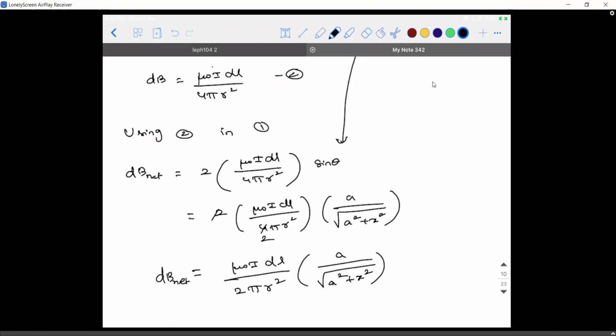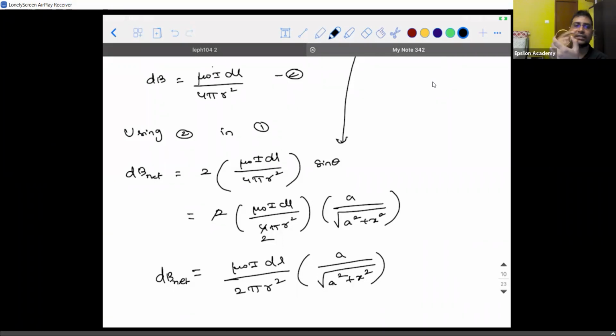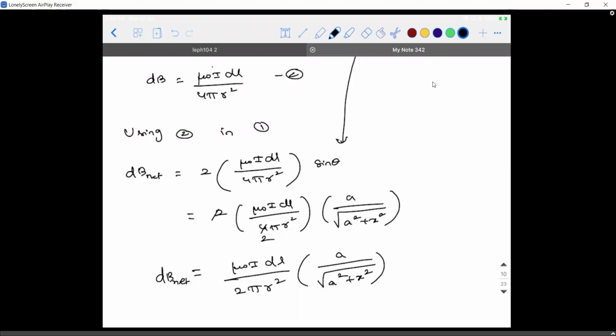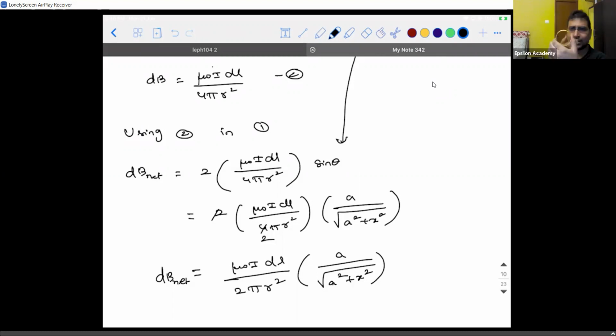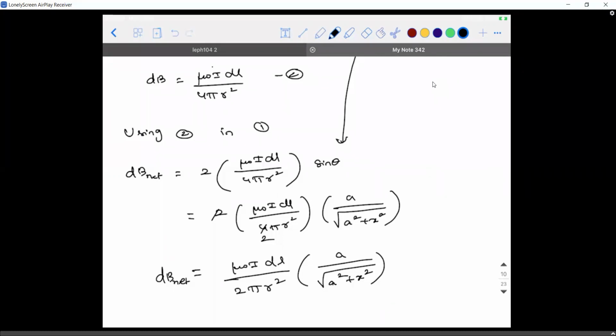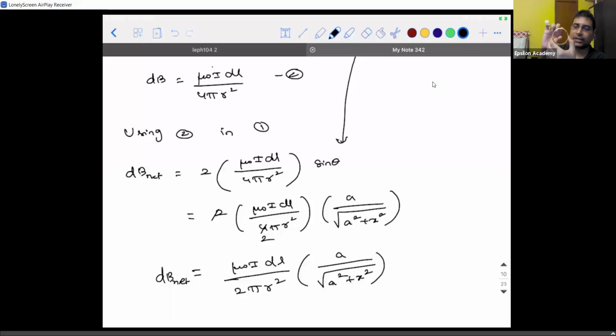You will not get L. The circle's radius is A. dl will get added everywhere. Circumference of the circle, what is confusing you guys? If I take dl, it is 2 pi a. A is the radius of the circle. So if I take 1 dl, it will get added with all other dls and give 2 pi a.